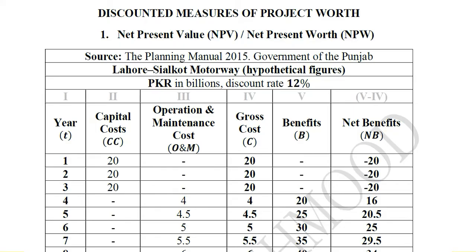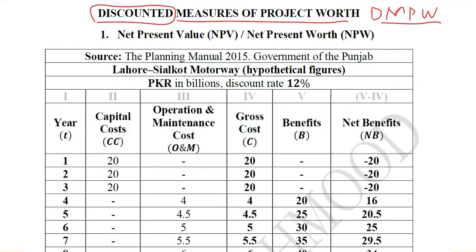So these are the tools that are known as the measures of project worth, but once we include the element of discounting in them, they are known as discounted measures of project worth. In an acronym, I can write it like this.